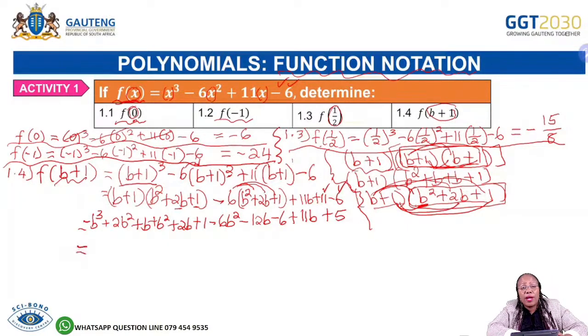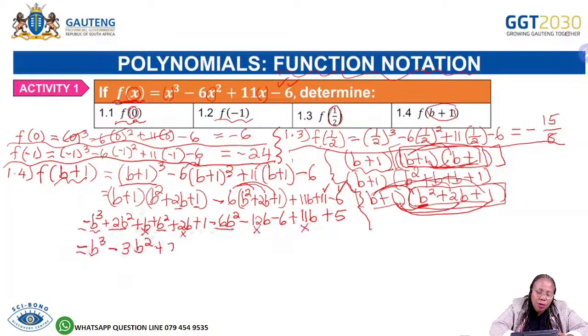And then at this level, we are now looking for the like terms. If you look at b cubed, that is the only b cubed we have, then it will remain b cubed. And then we add 2b squared plus b squared, that is 3b squared. 3b squared minus 6b squared, that is minus 3b squared. Then we are done with the family of b squared. We now go to b, that will be b plus 2b, that is 3b. 3b minus 12b, that is minus 9b, minus 9b plus 11b, that is plus 2b, Grade 12.